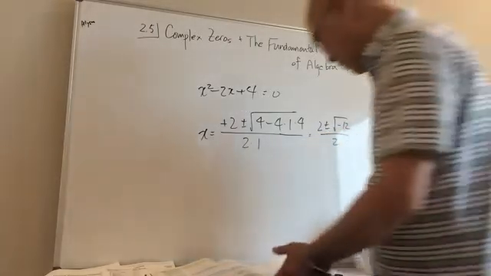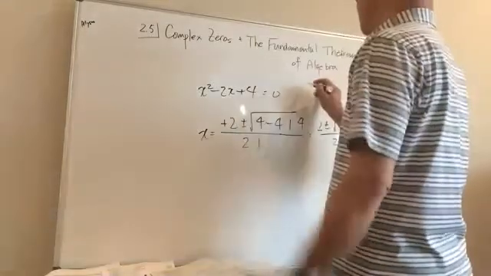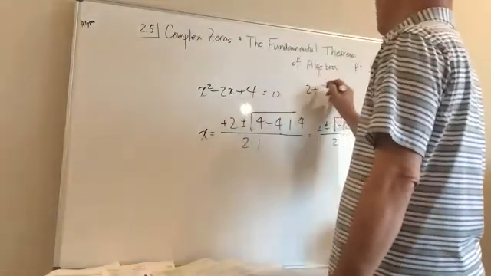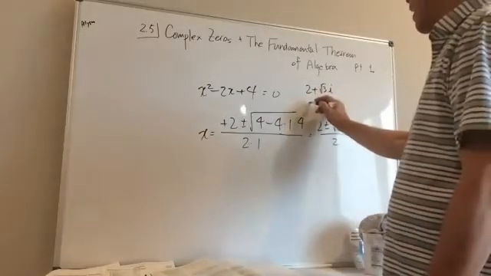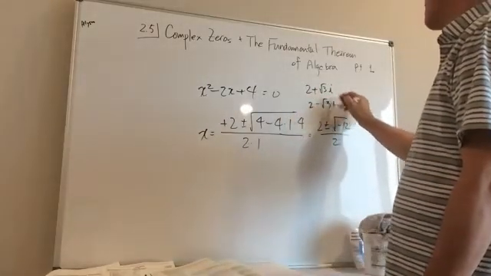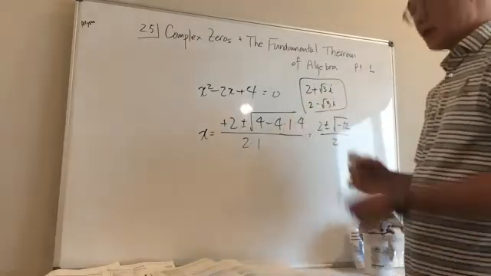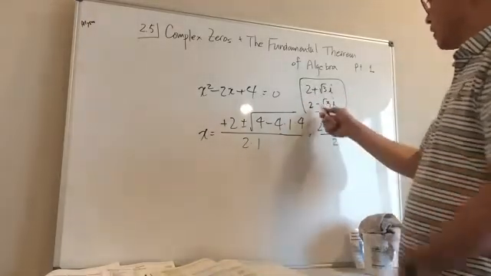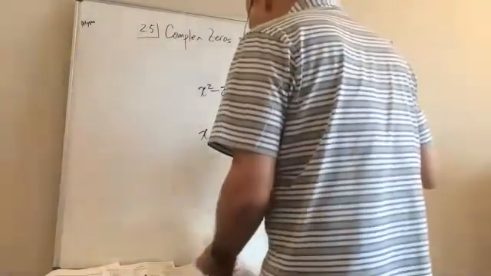This theorem is saying that if you get 2 plus root 3i as a solution, then this guy has to be a solution too. If the plus is the solution, then the negative, which is the conjugate, has to be a solution too.